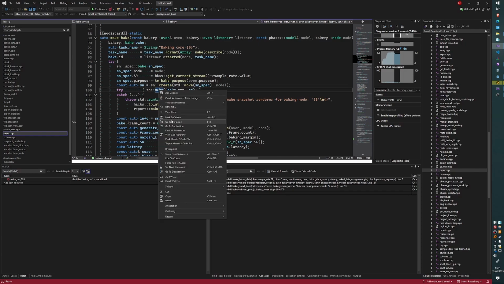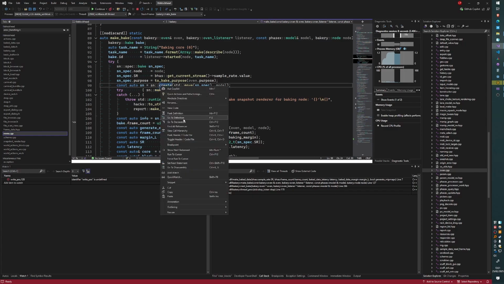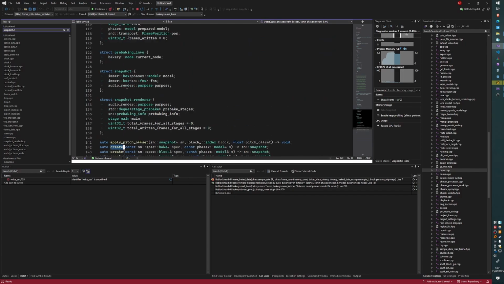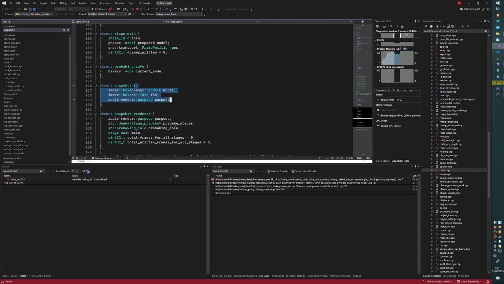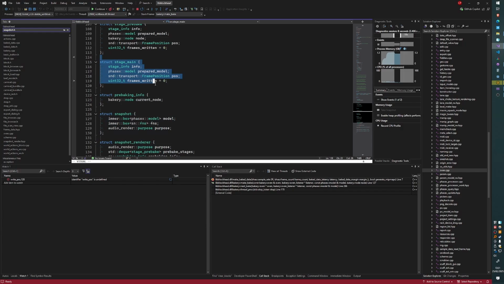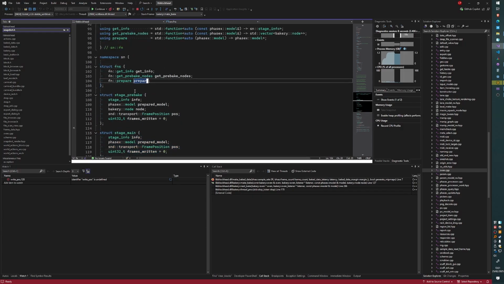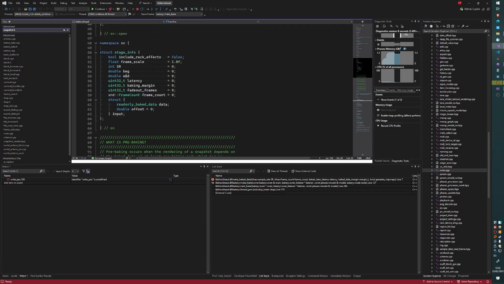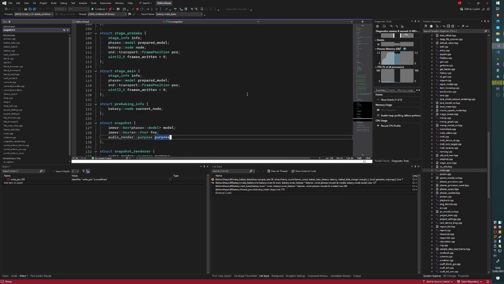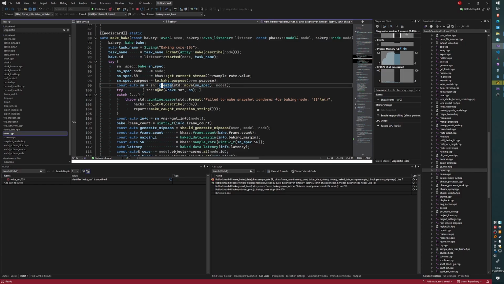The snapshot renderer. Snapshot. Stage info, frame count. Okay, I think the issue is in here.